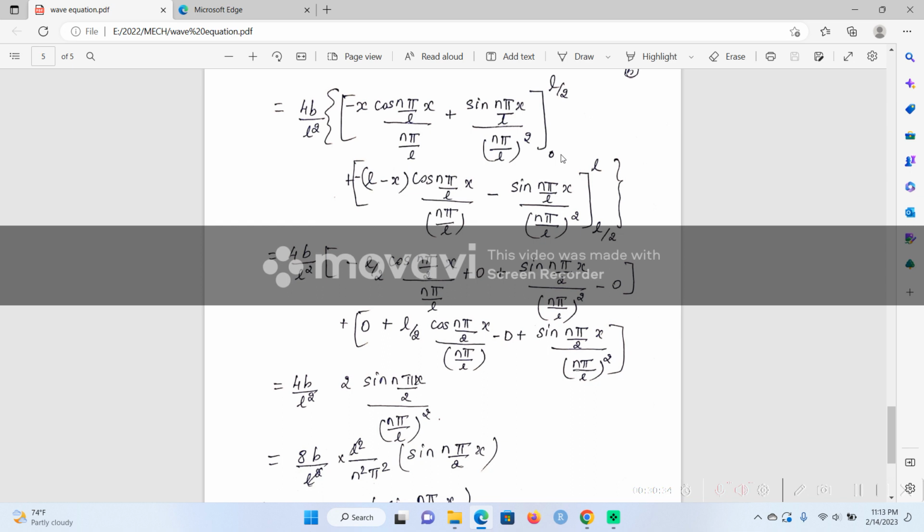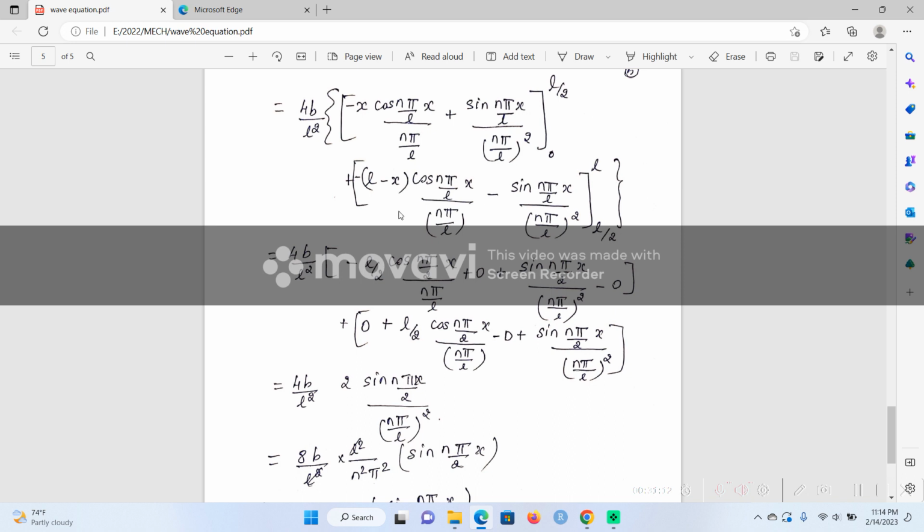If we go for the lower limit, x is 0, 0 into anything will be 0, so the lower limit will be 0. Then we substitute here: sin(n pi x by L), and x is L by 2, so L is cancelled, so we have sin(n pi by 2) by (n pi by L) the whole squared, and then minus the lower limit, x is 0, it becomes sin 0, and sin 0 value will be 0.